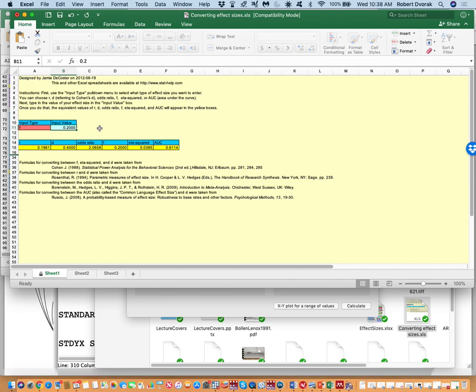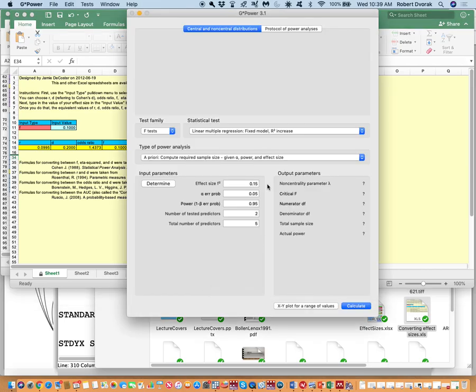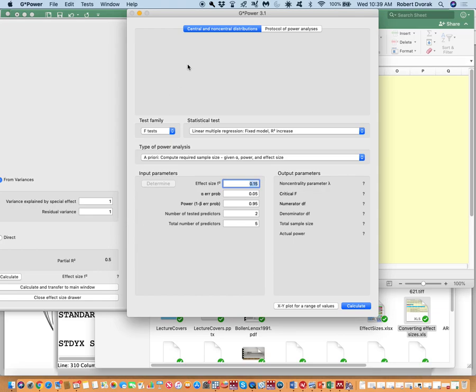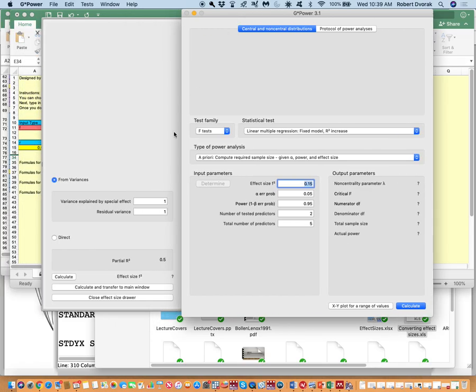Let's put 0.4, which would give us a Cohen's d of 0.8. That's a huge, huge effect. Let's not use that. 0.1. All right, doesn't matter. I mean, let's just assume that we're going to figure this out based on r squared.